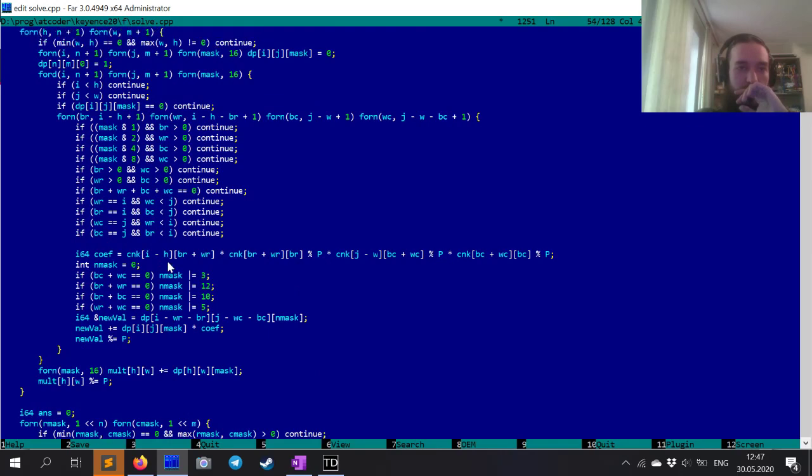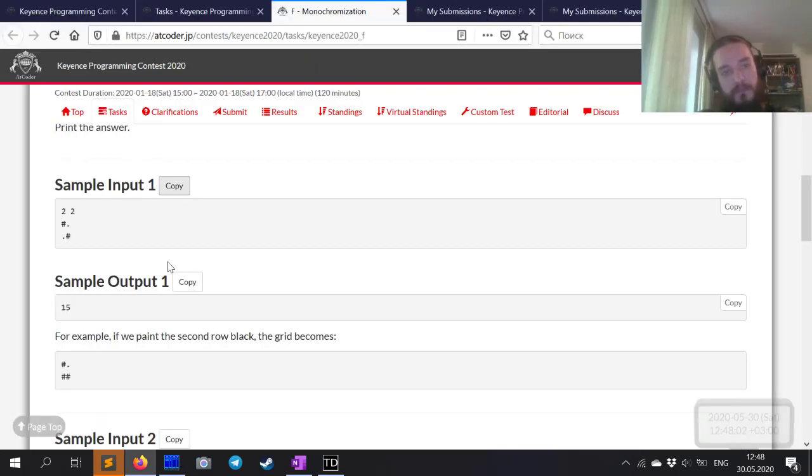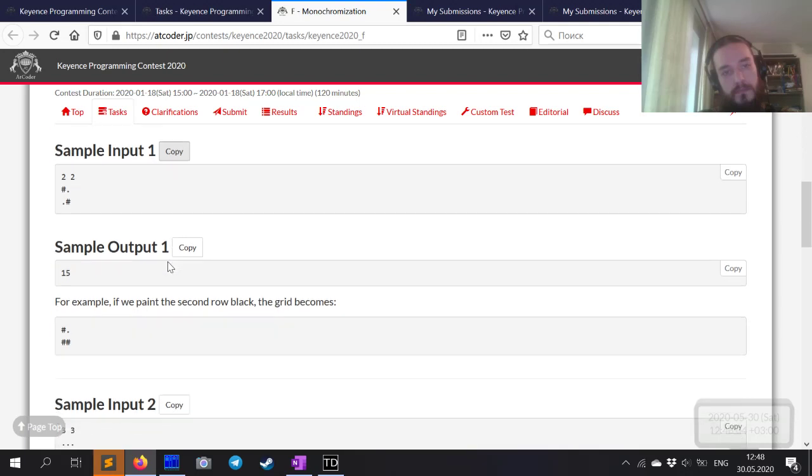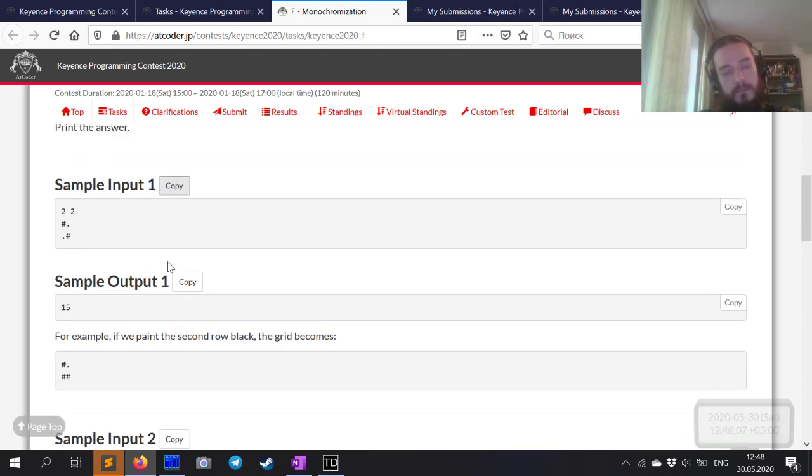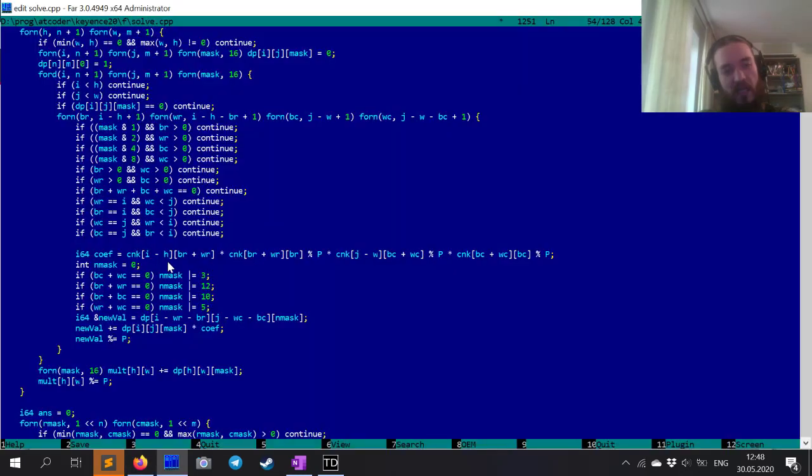So the number of ways to erase the entire board is not correct. It should be larger than that. Should be larger than that. All right. Huh.